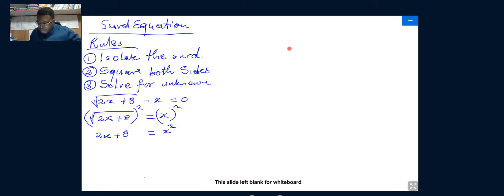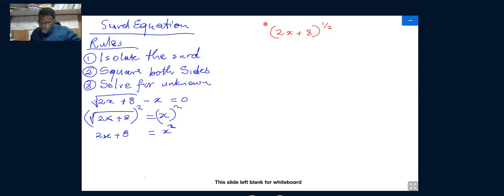What happened here? When you have 2x plus 8 all to the power half, you remember the exponents.